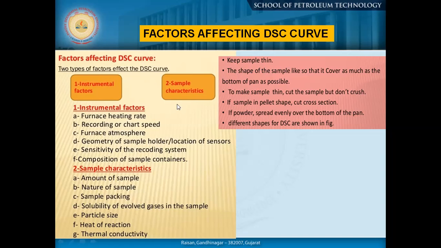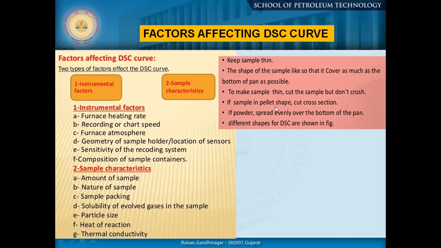The shape of the sample should be such that it covers as much of the bottom of the pan as possible. I have shown you the sample pan, very simple and thin, made of different materials, to make the sample thin so that it doesn't crash.